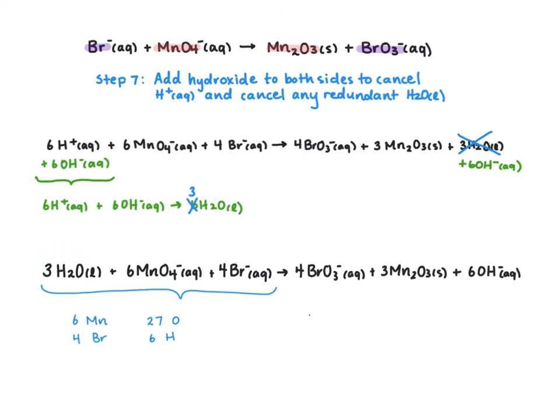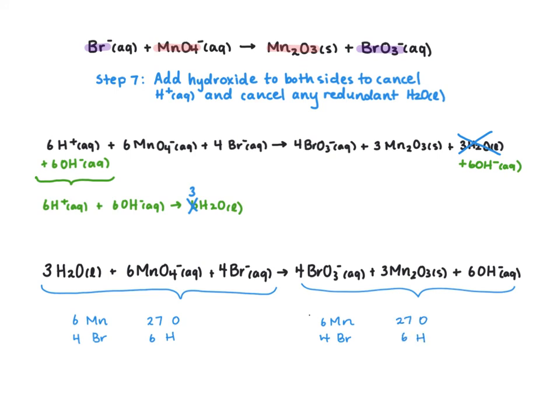If we look at our product side, we have 6 manganese from our manganese 3 oxide. We have 4 bromine from our bromate. We have 4 times 3 is 12. 3 times 3 is 9, so 12 plus 9 is 21, plus 6 is 27 oxygen. And we have 6 hydrogen from our hydroxide.